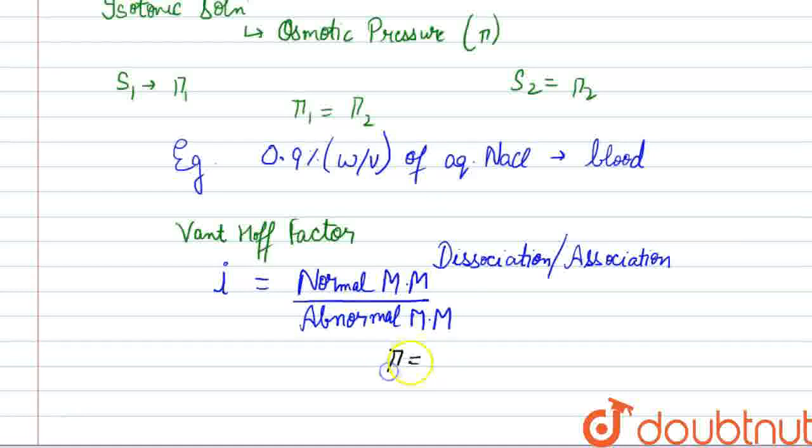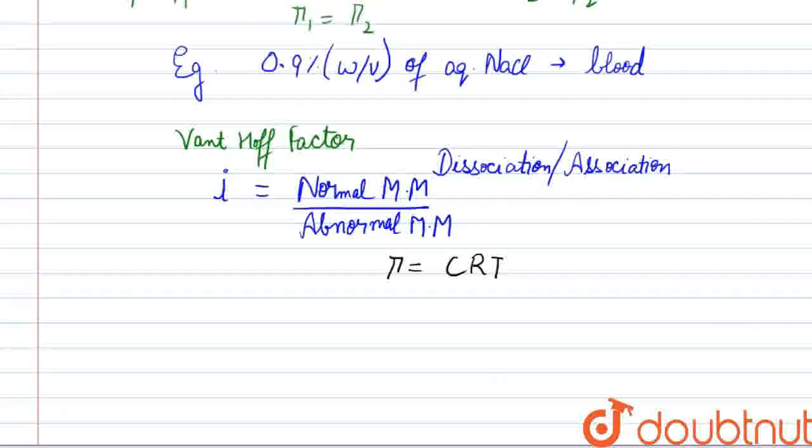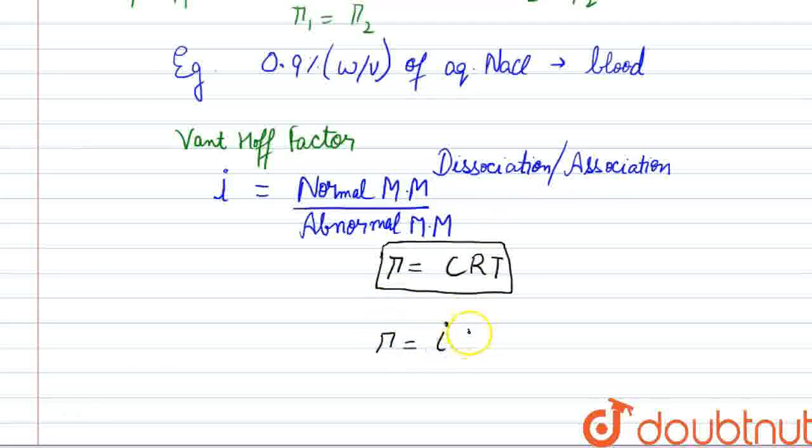Osmotic pressure can be written as pi equals CRT. C is the concentration, R is the gas constant, and T is the temperature. This is the general term for osmotic pressure. But if there is any dissociation or association occurring in a solution, we correct it by writing iCRT. Here i is the van't Hoff factor, the ratio of normal molecular mass to abnormal molecular mass. So this is how we use the van't Hoff factor.